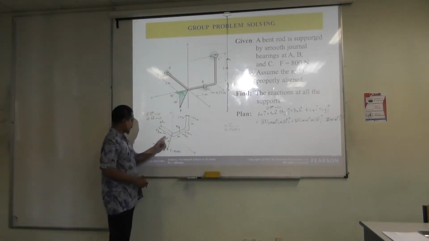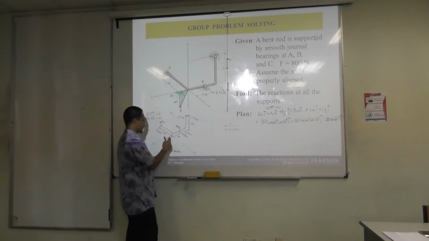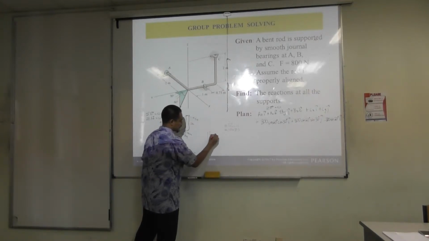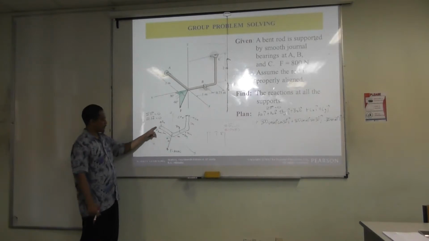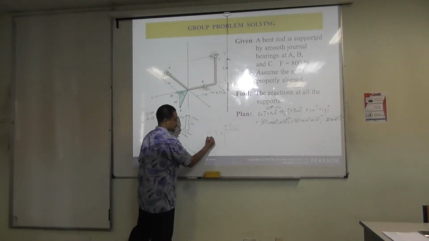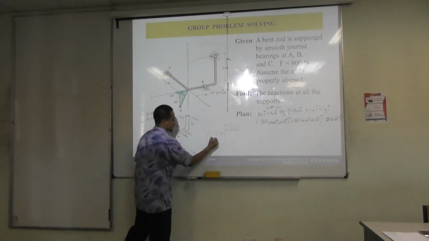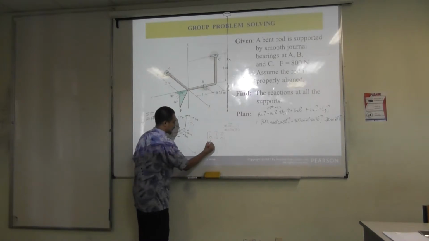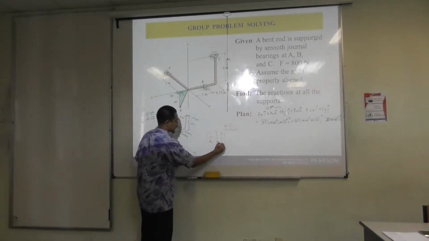So if we take A first, for r cross A, from this origin, with i, j, k, r will be -2, 0, and you'll have AX, 0, AZ.